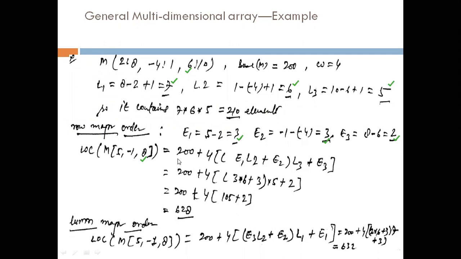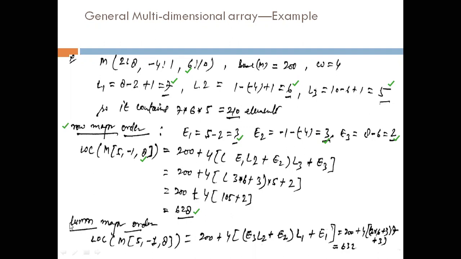Now in this formula, 200 is the base address plus W, that is 4. You know, in row major order the formula will be E1 L2 plus E2, multiplied by L3 plus E3. So the values are already available. After calculation, we will get 628. That means if this element is stored in row major order, you will get 628 as its memory address.